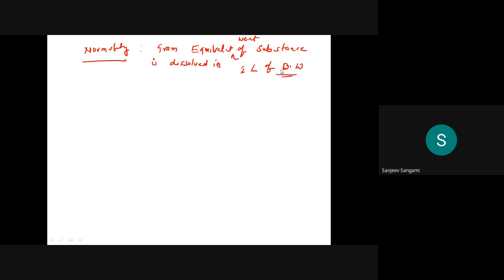When you are doing molarity, we have used the molecular weight, but here, when you are calculating normality, you have to use the equivalent weight.